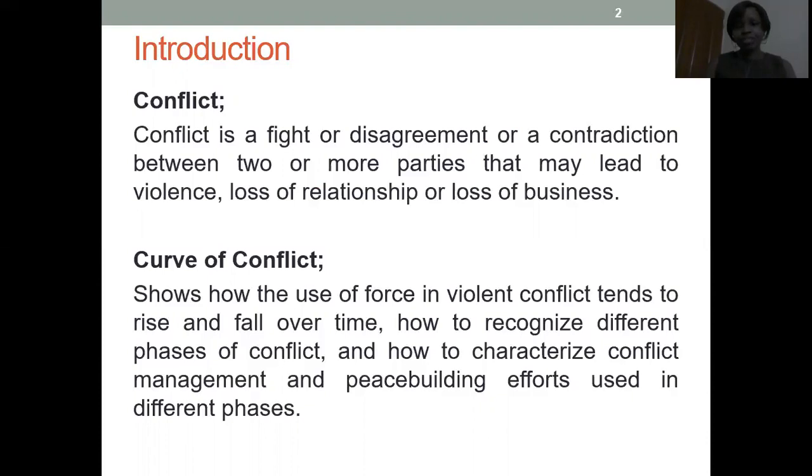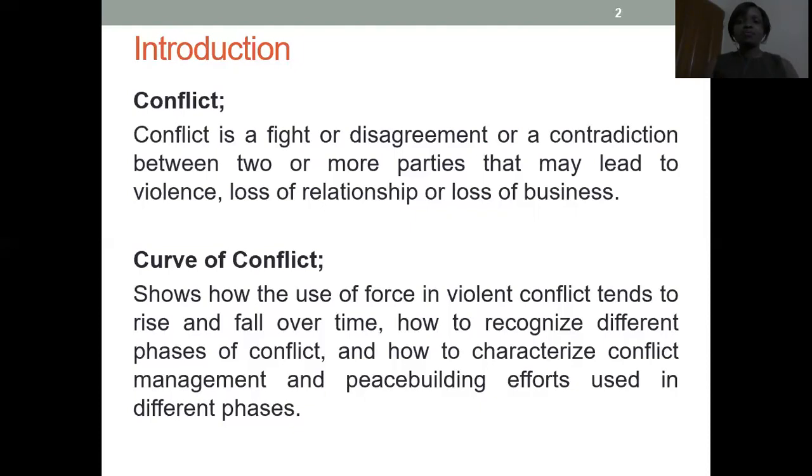And we could cite some of the examples of conflicts. One of the examples is a conflict between Uganda and Rwanda. The conflict may be to do with trade, or it may be to do with politics. Another example could be between companies, like between MTN and Airtel.